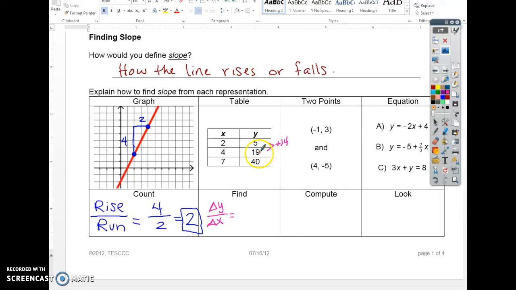So a positive 14 goes on top. And how much did my x's change by? By a positive 2. They increase by 2, so that number goes at the bottom. Okay? And then you just divide it. 14 divided by 2 is 7. The slope of that table is 7.